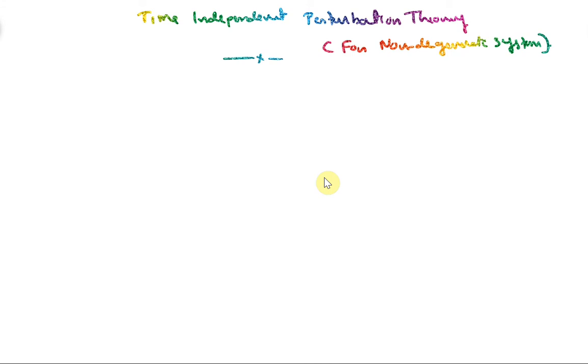That means we want to solve the Schrodinger equation for a particular problem for which we don't know exactly how to solve it, but we may have a solution for a system which is somewhat close to the Hamiltonian of the system we need to solve.